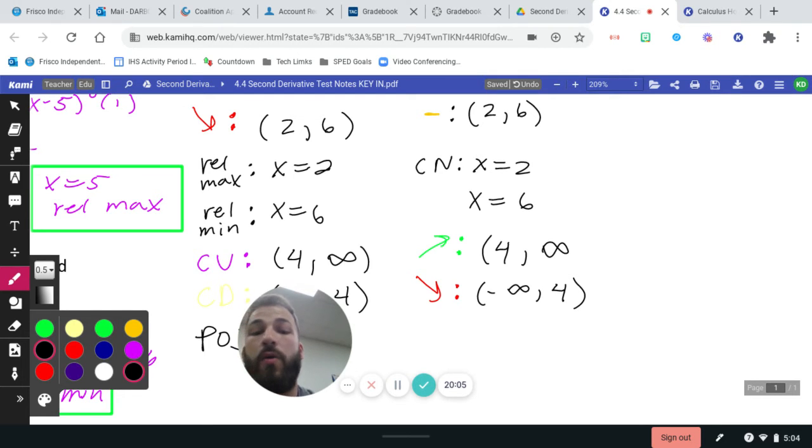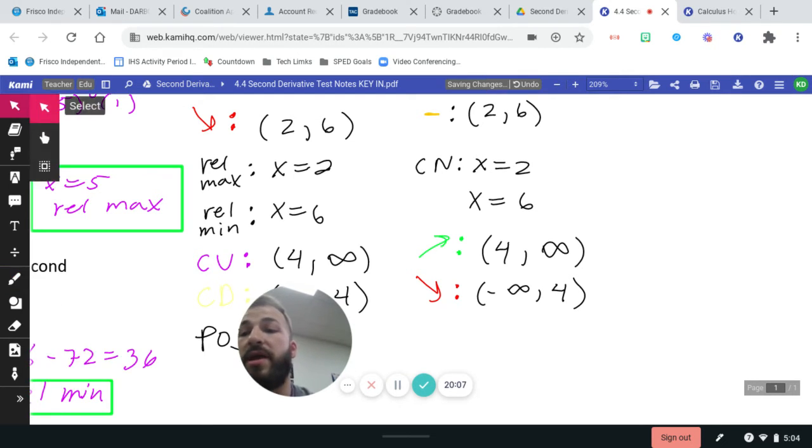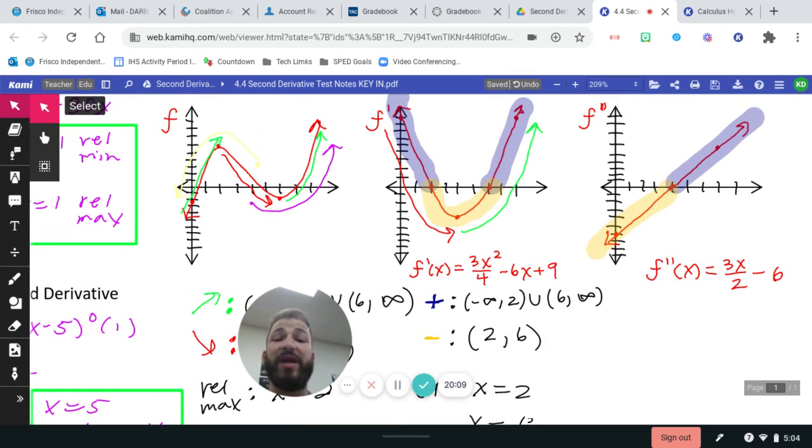Okay. Now, just like increasing and decreasing switches on F create relative maxes or mins, increasing and decreasing switches on F prime create relative maxes and mins. So what do we have right here at 4? Well, 4 on F prime is a relative minimum.